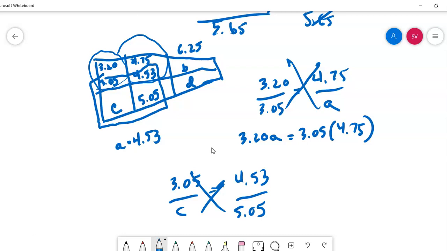C times 4.53 is 4.53C, which is equal to 3.05 times 5.05. We'll divide that by 4.53 and we'll get 3.40. So C is 3.40.